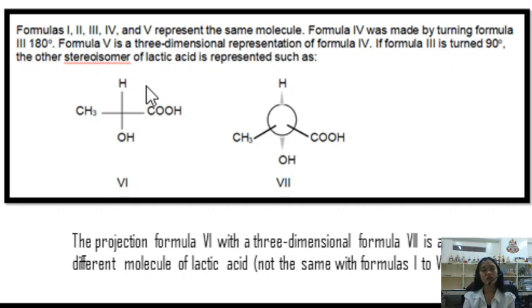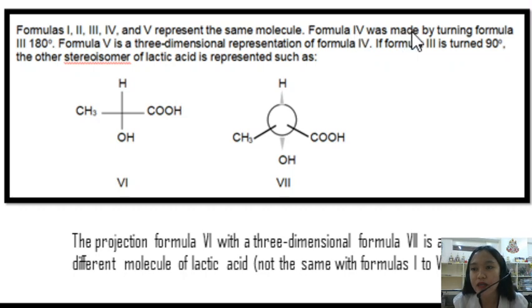You will produce another form of molecule, or specifically, an isomer. So, sabi nga natin doon sa rule, you are not allowed to rotate it by 90 degrees. Why? Because if you rotate it 90 degrees, then you will produce another isomer, or stereoisomer to be specific. So, hindi na siya yung molecule na binigay originally. Example, Formula 5. So, you have Formula 5.